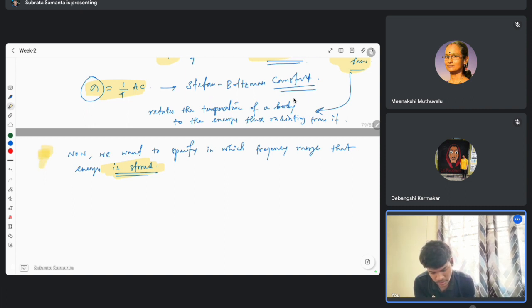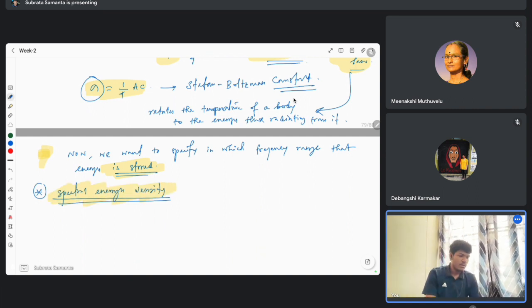So let us define the spectral energy density. Let's say it is u lambda, for some range lambda to lambda plus d lambda.